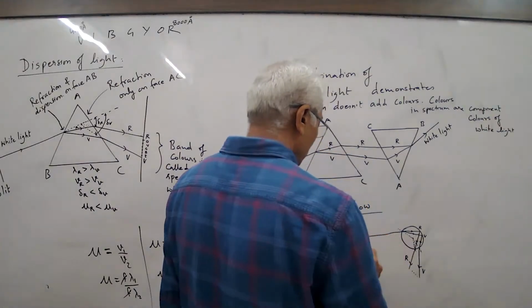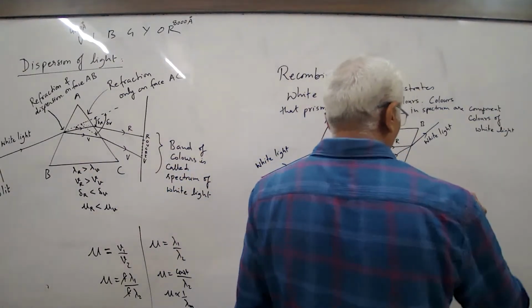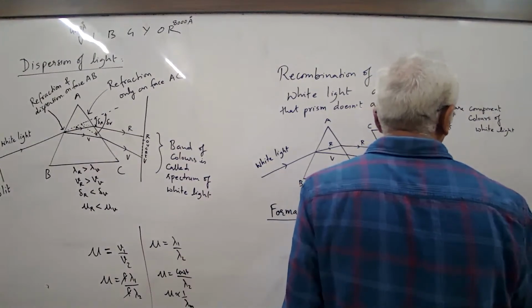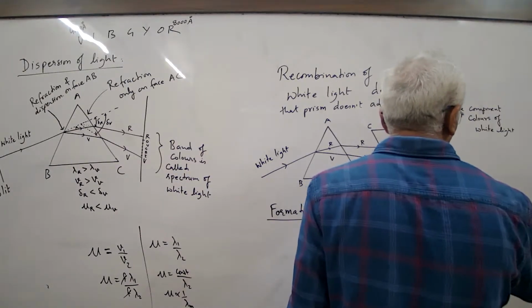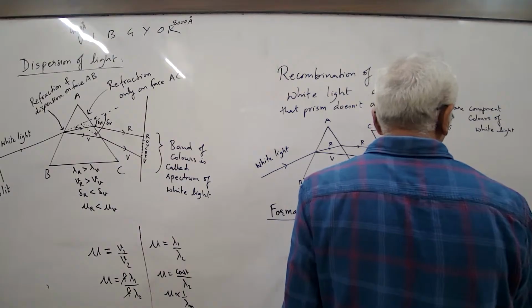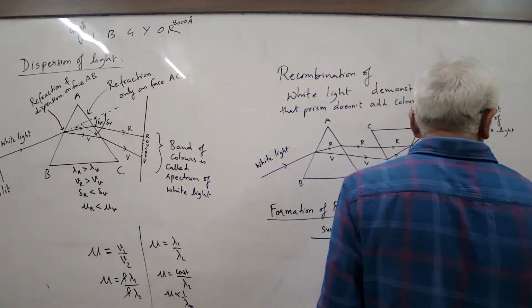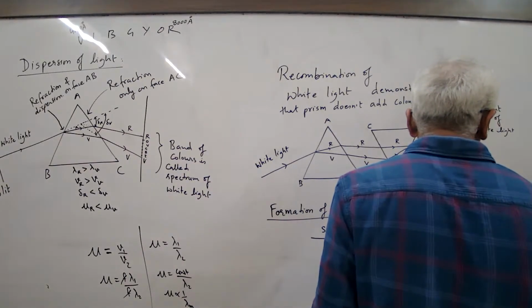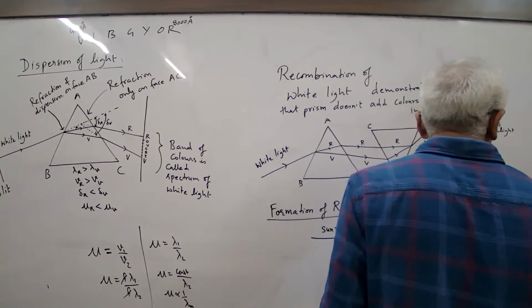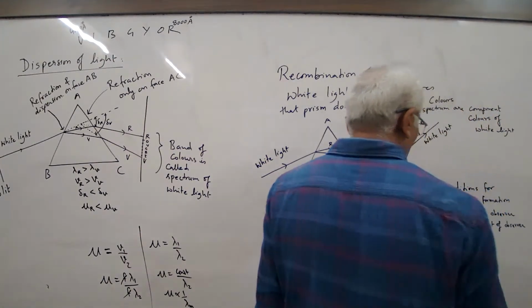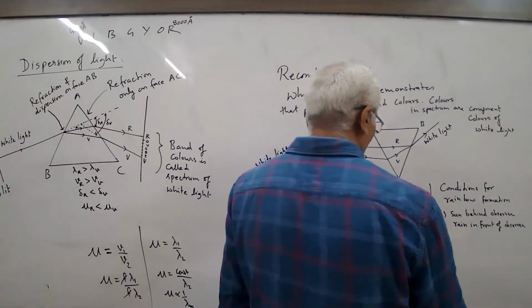So how is the rainbow forming? What is the sequence? Conditions for rainbow: sun behind observer, rain in front of observer. Okay. So what is taking place here?